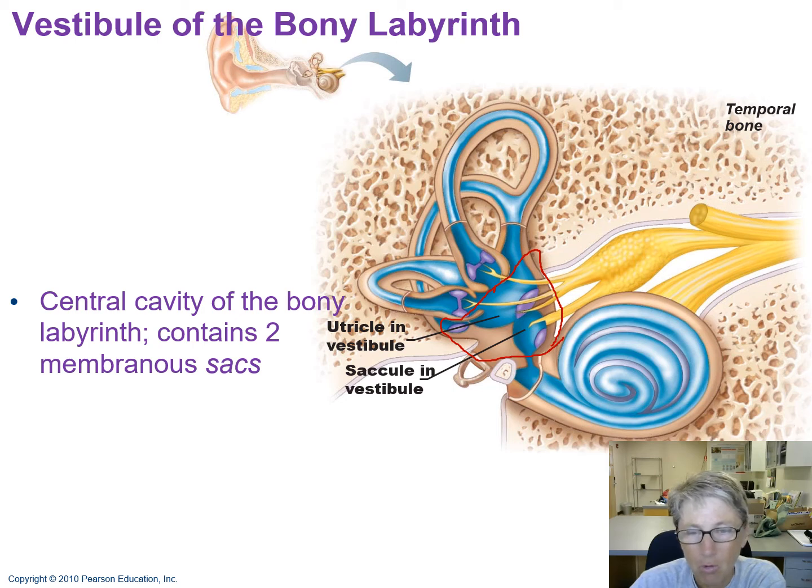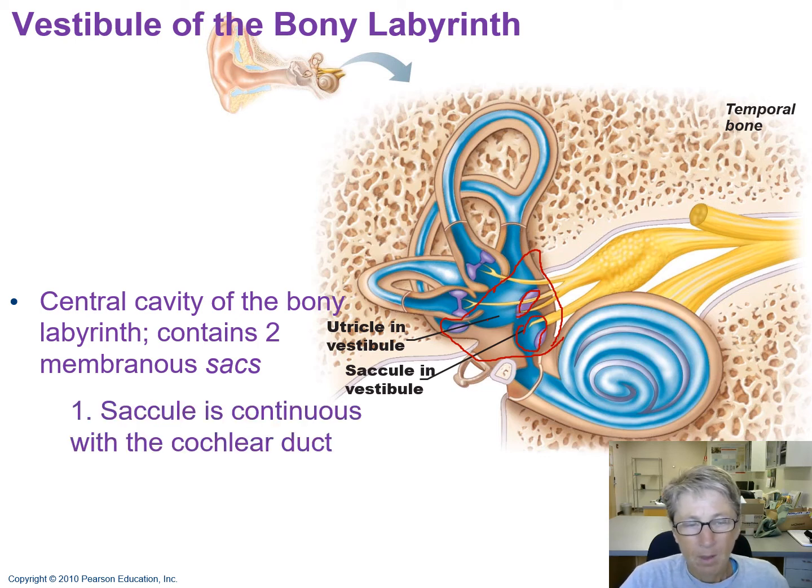It contains 2 membranous sacs, and here they are. One, that's the utricle in the vestibule, and then, actually, sorry, this is the saccule in the vestibule. And the saccule is continuous with the cochlear duct.